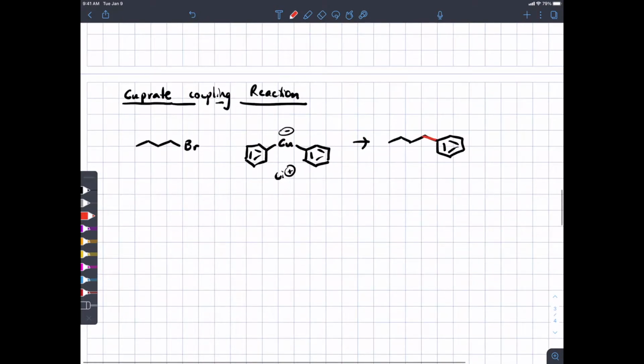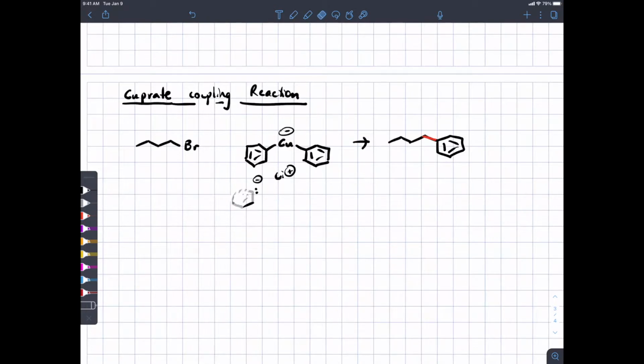Okay, and you could be forgiven for thinking this might be SN2-like. I mean, an interesting mechanistic hypothesis would be to think of cuprate, as we've done before, as carrying a negatively charged carbon and then that doing an SN2 reaction.